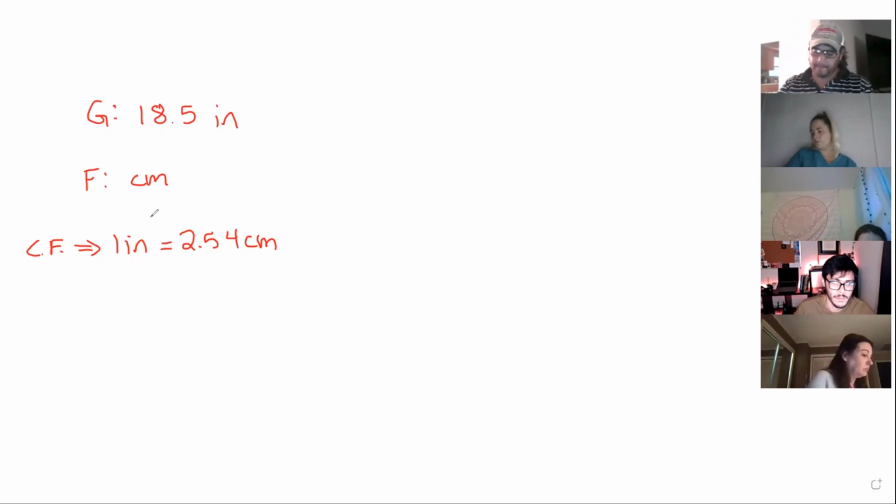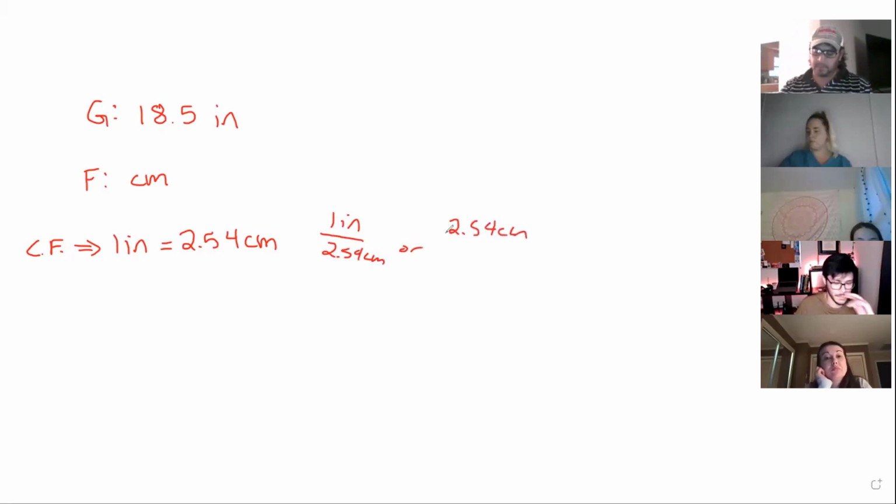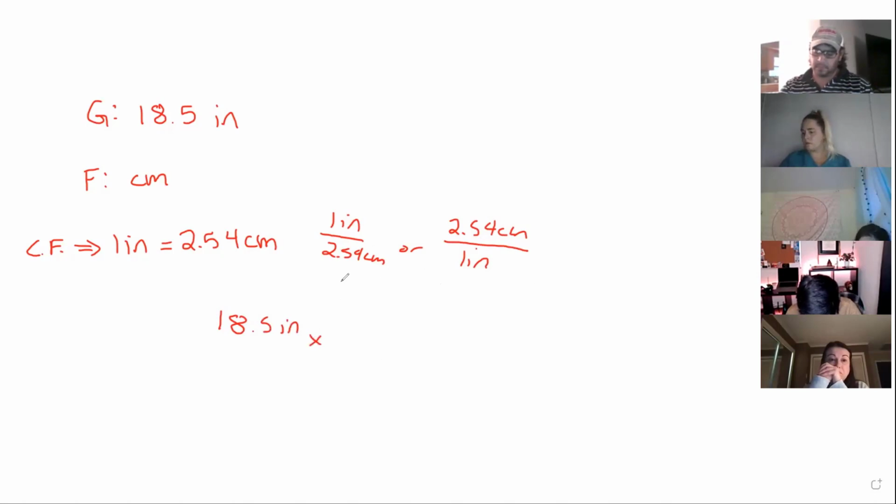Okay, so here's my conversion factor. I'm going to write it as a fraction. 1 inch is equivalent to 2.54 centimeters, or we could use 2.54 centimeters is equivalent to 1 inch. Which one we use depends on which direction we're going. Are we going from inches to centimeters or centimeters to inches? So we start with that given 18.5 inches. Always start with your given information, and multiply it by the conversion factor. I like using this one, because then I can get rid of inches and move into centimeters.